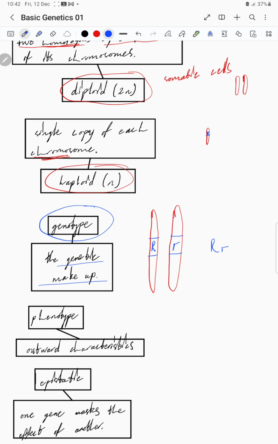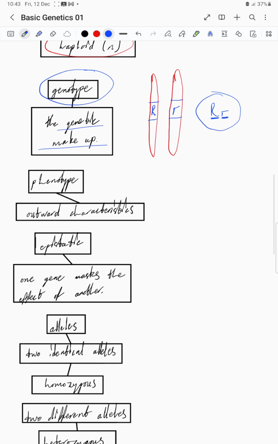The capital letter R and the small letter r is what we are calling the genotype, right? Because on one chromosome we have an R allele which is dominant, and on the other chromosome we have an r allele which is a null allele.